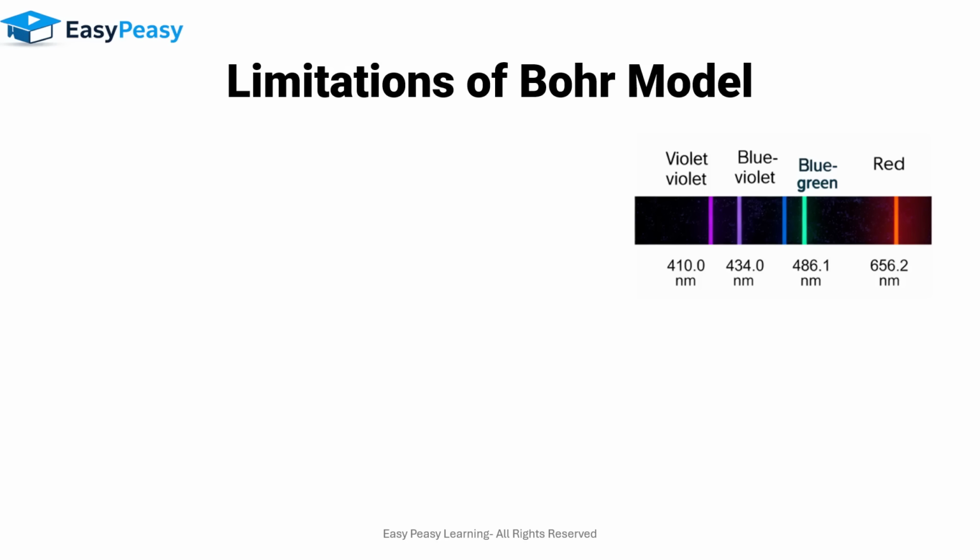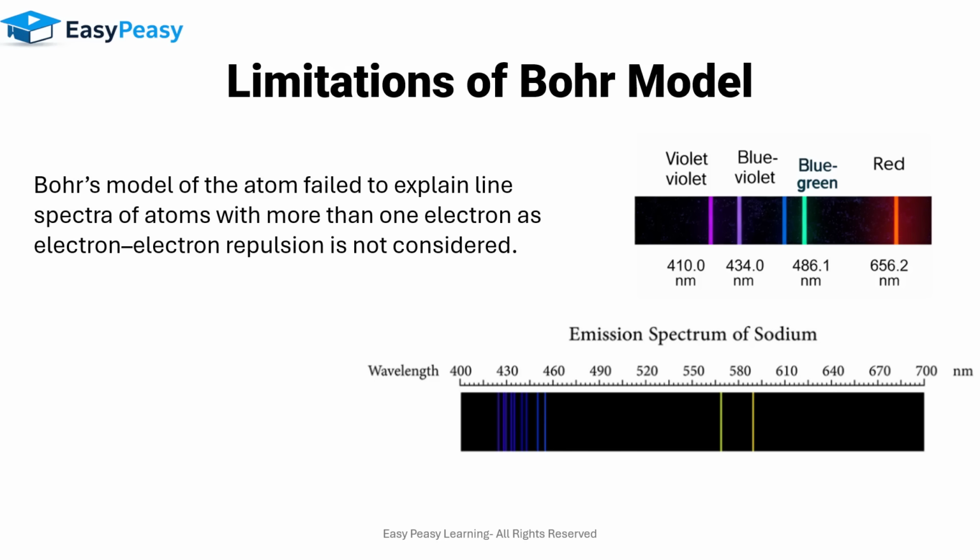The limitations of the Bohr model: the Bohr model of atoms fails to explain the line spectra of atoms with more than one electron, as electron-electron repulsion was not considered at that time. Just like here, you can see there are a bunch of lines that look like a barcode to us, instead of the specific prominent lines shown in the hydrogen spectrum, and it was not explained in the Bohr model.